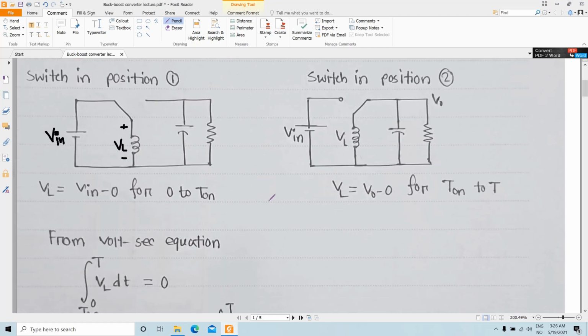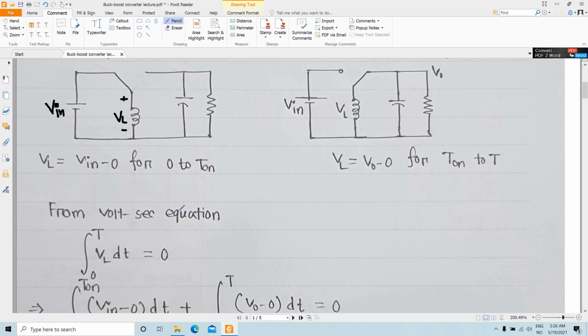Using the volt-sec balance equation, we know that the integration of VL across the inductor over the whole time period is equal to 0.